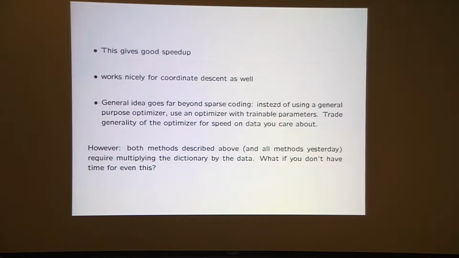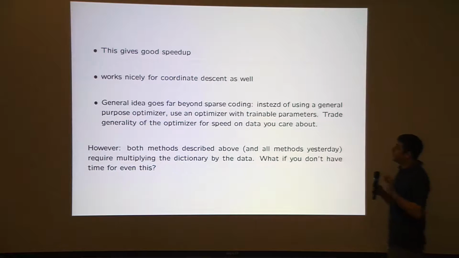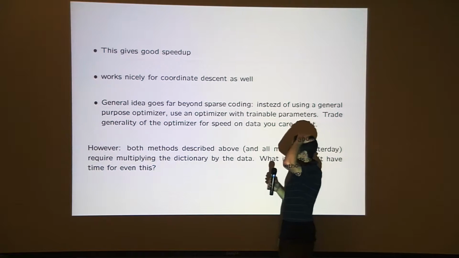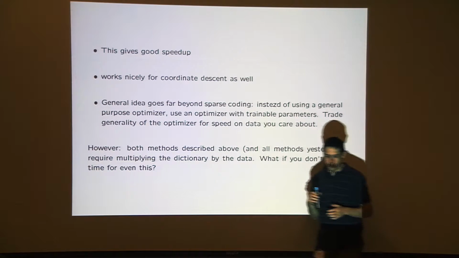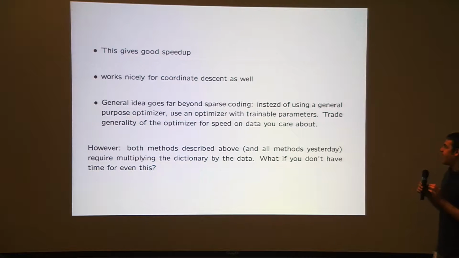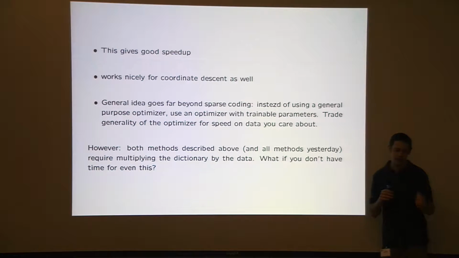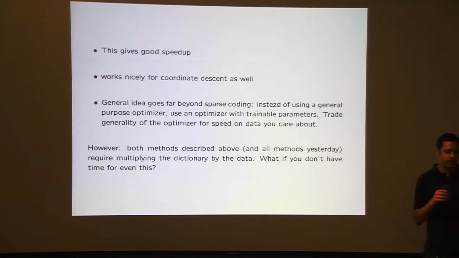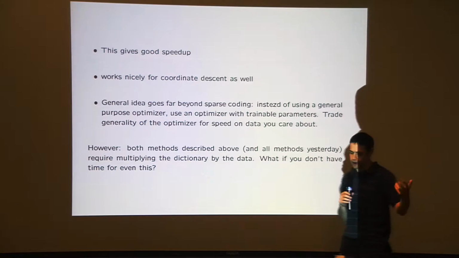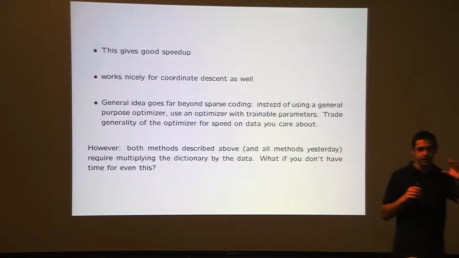Okay, so this gives a nice speed up. There is a different version that they have for coordinate descent that also works really well. I left up the ISTA one because I showed the ISTA slide before, but the coordinate descent one looks really nice. For each of the algorithms we talked about yesterday, I discussed that you can write it in the compact form, storing the covariance matrix, storing the Gram matrix, and keeping everything in the Z space.